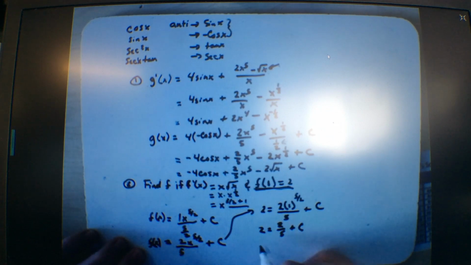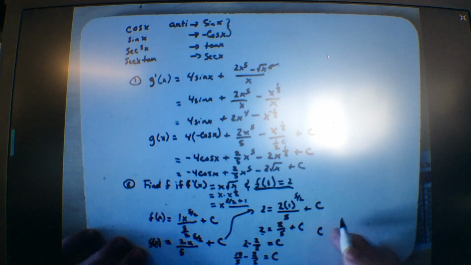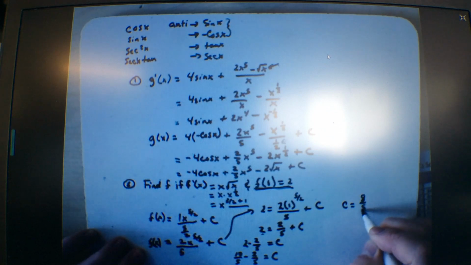So to find c, I'm going to subtract 2/5 from both sides, right? Not going to show that because I'm running out of room. So I want 2 minus 2/5 equals c. Well, 2 is 10/5, isn't it? And if I subtract 2/5, that gives me c equal to 8/5.